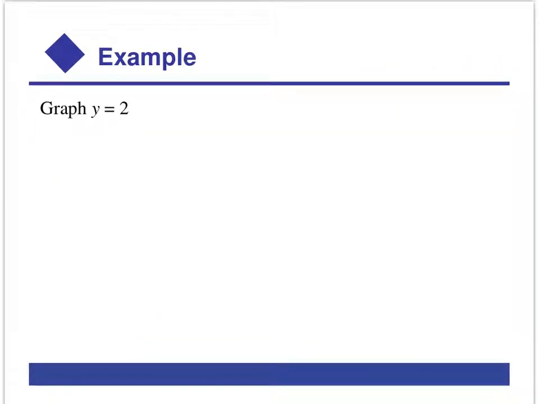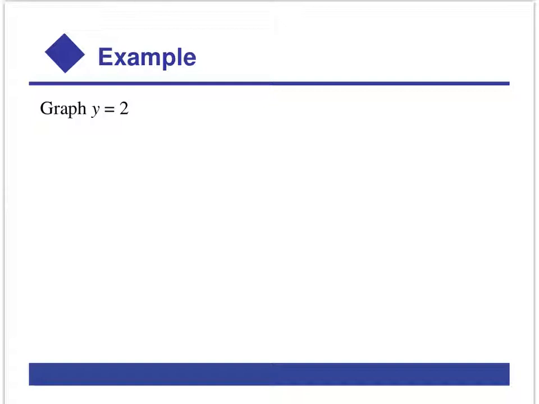Now we're going to try to graph y equals 2. Now in this one, there's really not an x to plug in. No matter what we choose for x, we're going to find that y must equal 2, and it always will. So that part's not going to change. So the way I would graph this one, instead of graphing an ordered pair, see how it says that y equals 2?